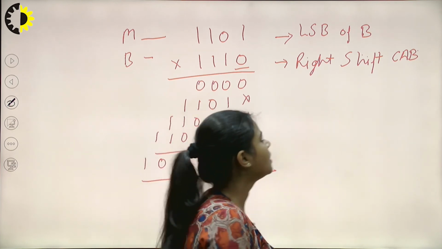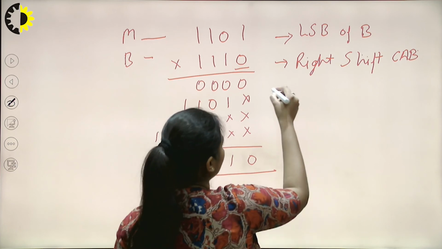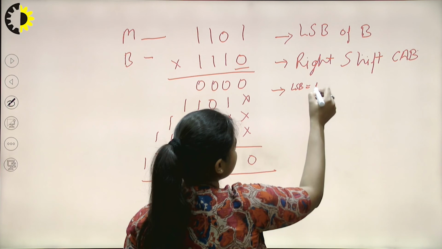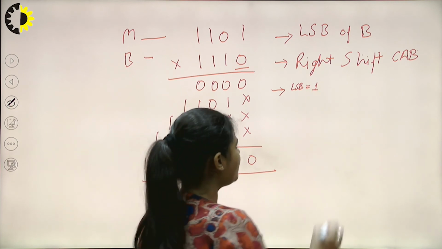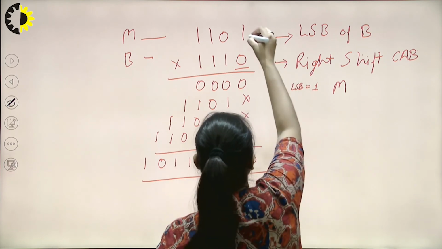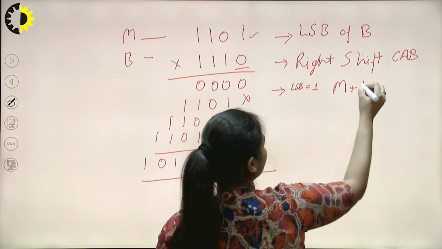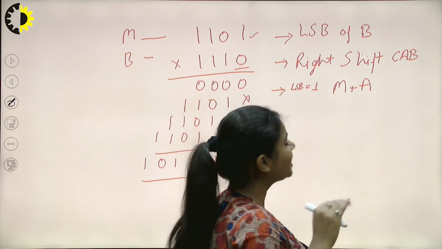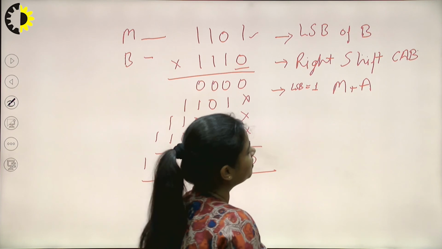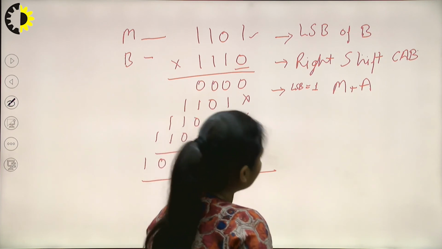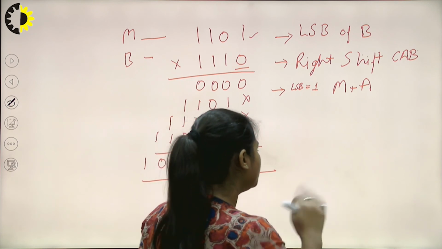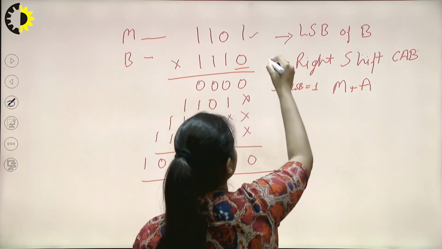But if the value of LSB is 1, then you have to add the value of M with the value of A, the accumulator. Means whatever the accumulator currently has, you add these numbers with each other. Then whatever answer you get, you will update the value of the accumulator.